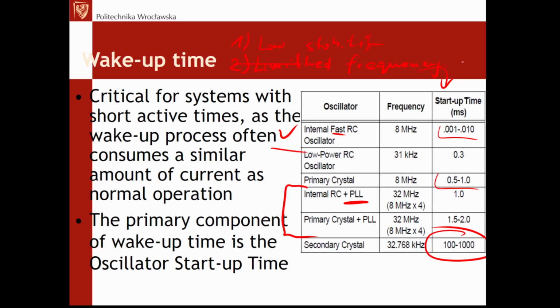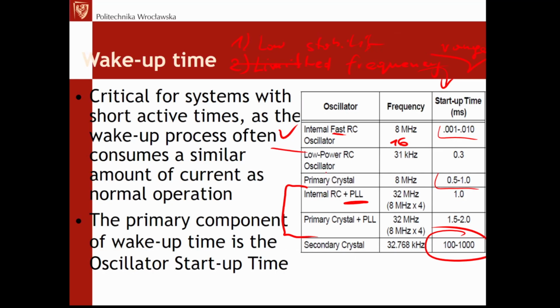But very often the major issue is the limited frequency range, because for internal RC oscillators the range is quite often limited to about 16 megahertz, so between 8 and 16. It's okay for AVRs. For PICs, not really, because they need much higher frequencies, and it's definitely not good for 32-bit constructions. We would like to have 200 megahertz or something like this.